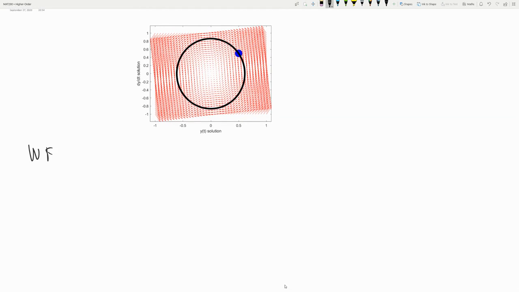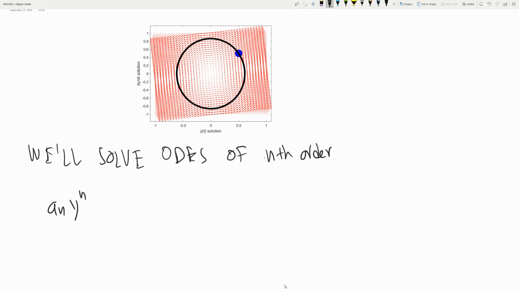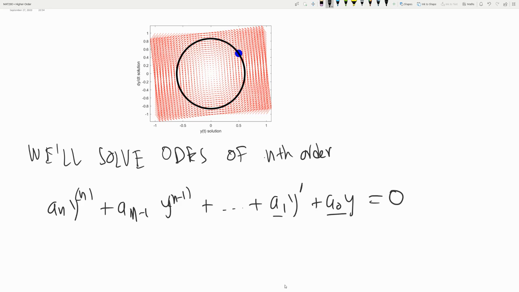So we will solve ODEs of nth order: a_n y^(n), a_{n-1} y^(n-1), the n minus 1 derivative, down to a_1 y prime, and then a_0 y. And the a_i are constants, real constants.